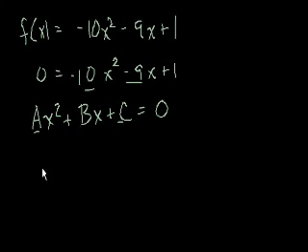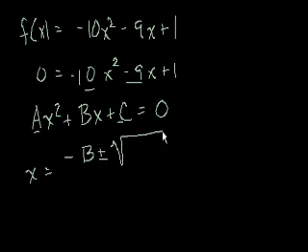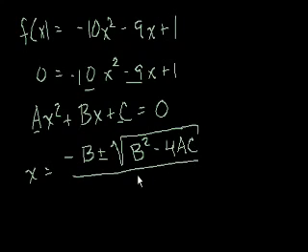The formula is the roots x equals negative b plus or minus the square root of b squared minus 4 times a times c, all of that over 2a.